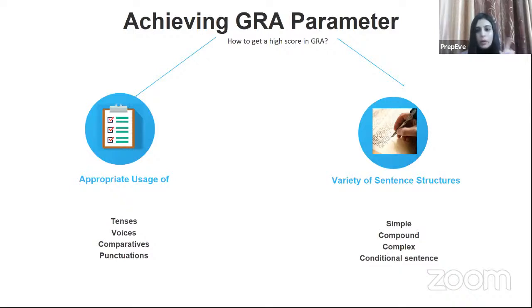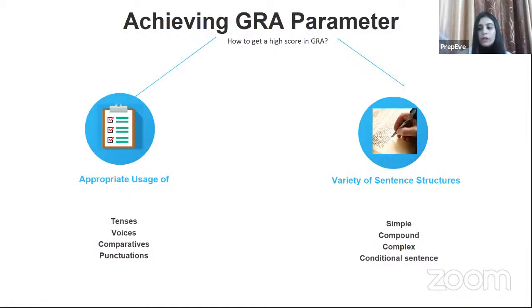So priority one is using full stops correctly. Then comes your commas. Your commas should be used correctly again. Try to use at least 90% or 95% of your commas correctly. One or two incorrect usages or one or two places where you miss out on your commas, that's completely fine. It's not going to bother a lot.